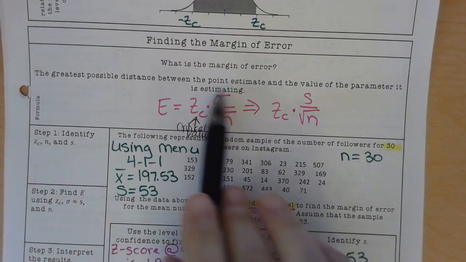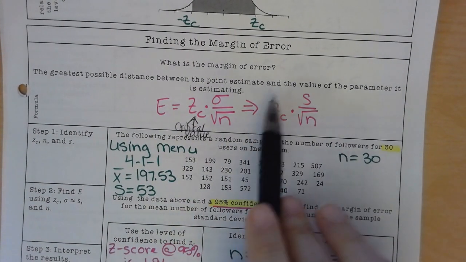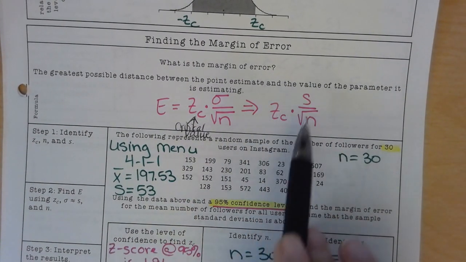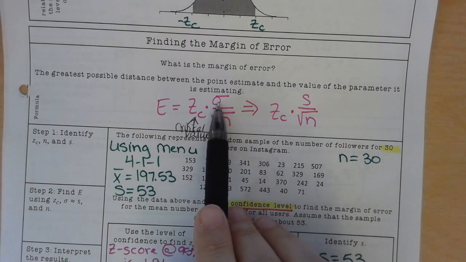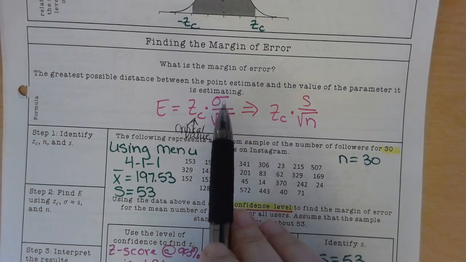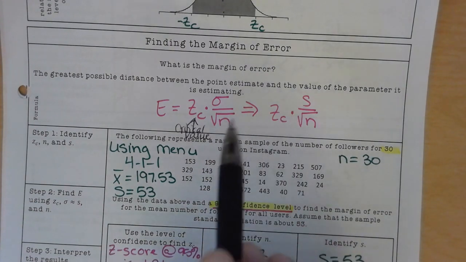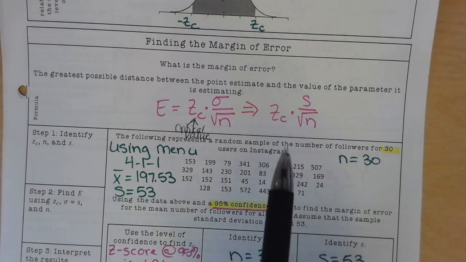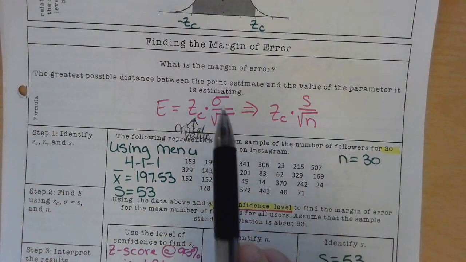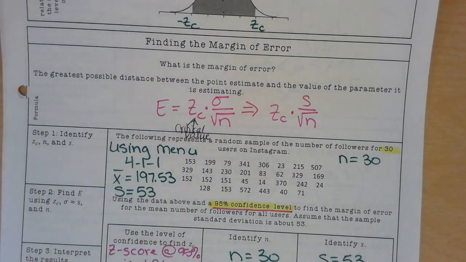Or if it's a sample, it's S divided by the square root of n. It's the same thing. But just remember that population standard deviation and sample standard deviation are not the same. They never will be. Sample standard deviation is always a little higher than population because it's allowing for a bigger margin of error.